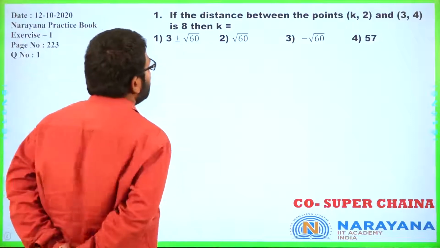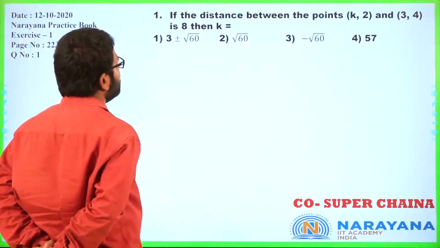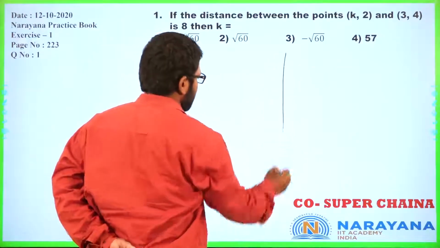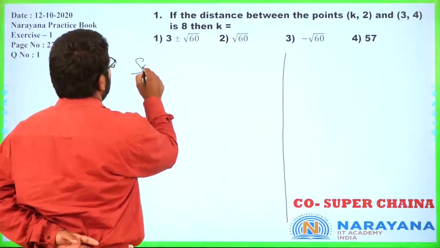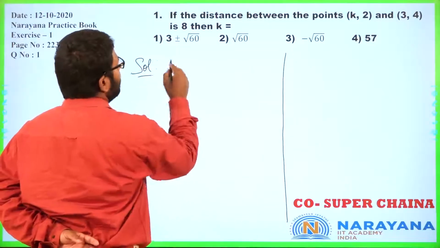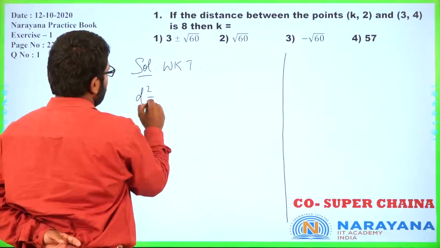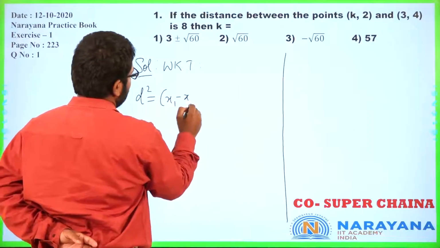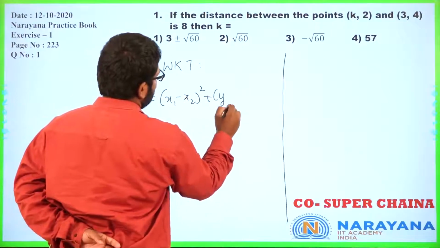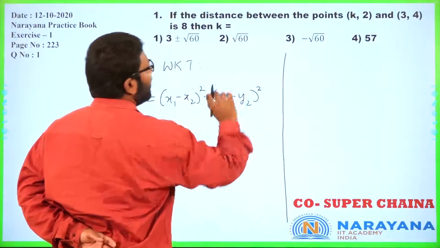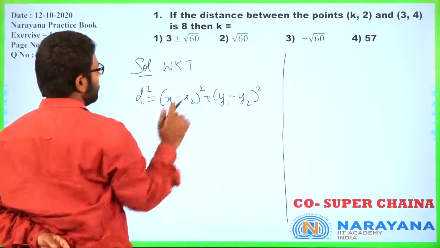If the distance between the points (k, 2) and (3, 4) is 8, okay, this is very straightforward, right? We know that d square is (x1 minus x2) the whole square plus (y1 minus y2) the whole square, and you know what is x1, x2, y1, y2.